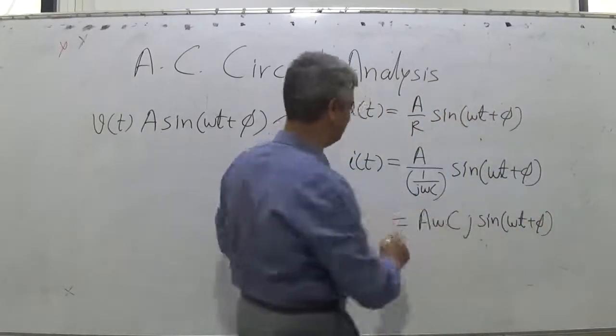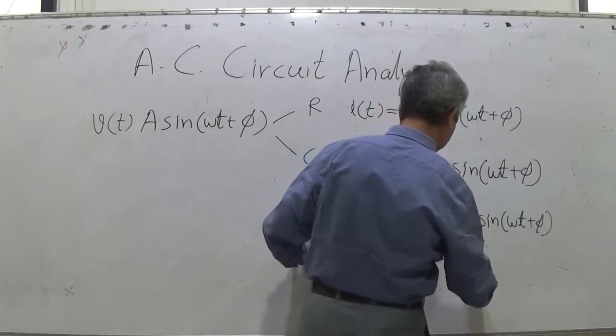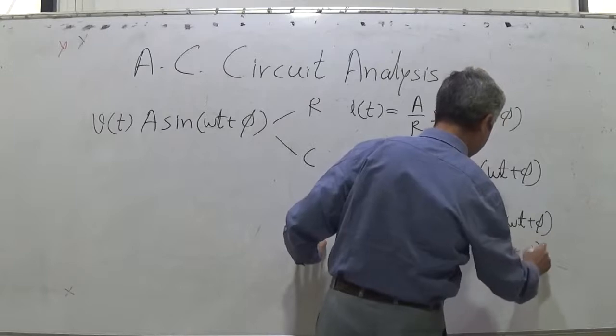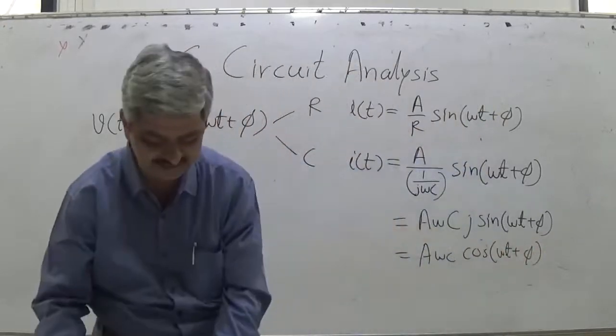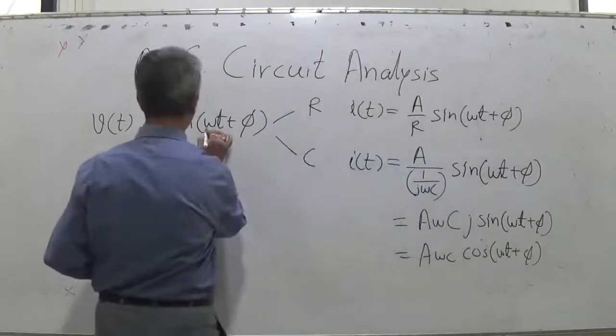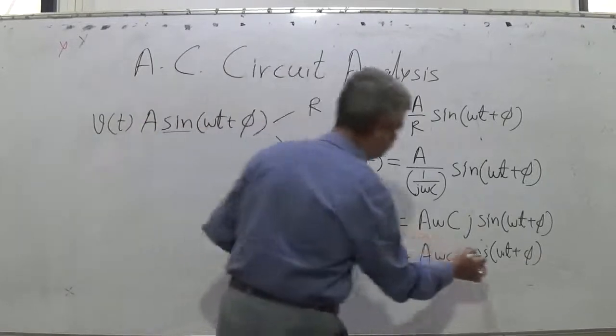So j sine is cos, that is A omega C cos omega t plus phi. So there is a phase shift of 90 degrees between voltage sine and this cosine.